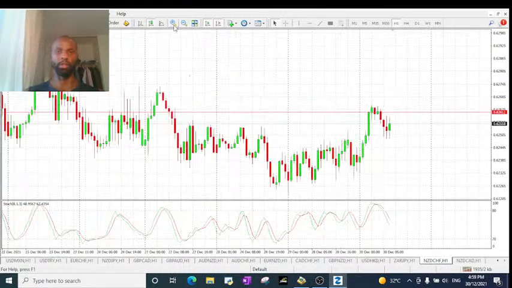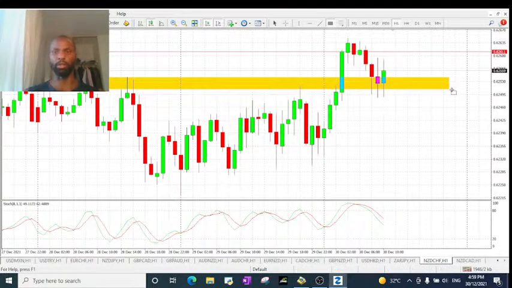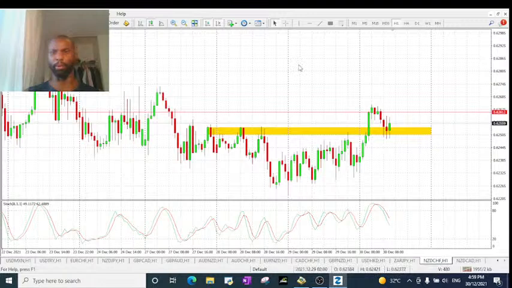So this is the trade that I'm hunting. I don't know if I will take it though. It depends on how this candle closes. If it closes strong bullish, yes, we have a trade. If it's a weak bullish close, then I'll pass on that one, but let's see how it closes.